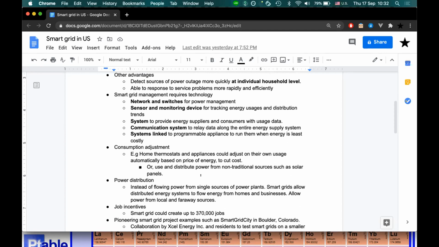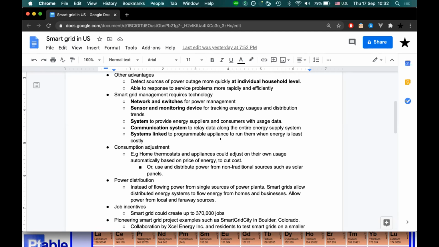Another advantage is that it can detect the source of a power outage more quickly at the individual household level, and it is able to respond to service problems more rapidly and efficiently than the normal grid power. Implementing a smart grid requires several technologies.